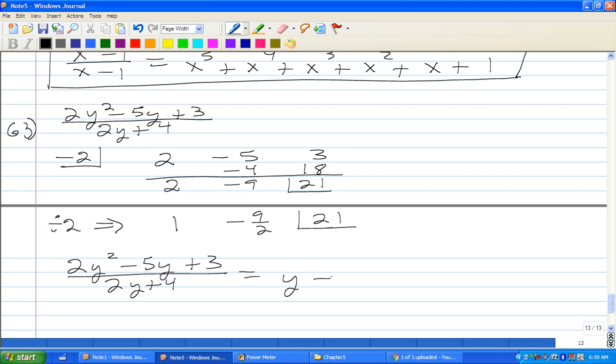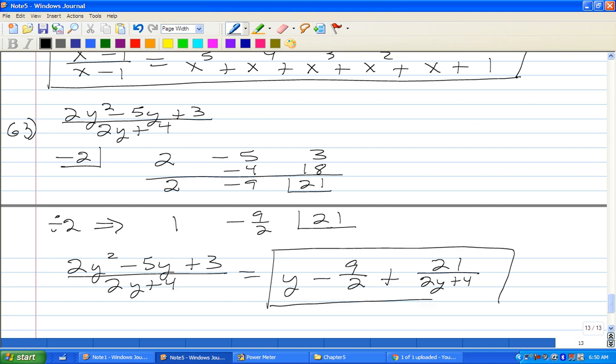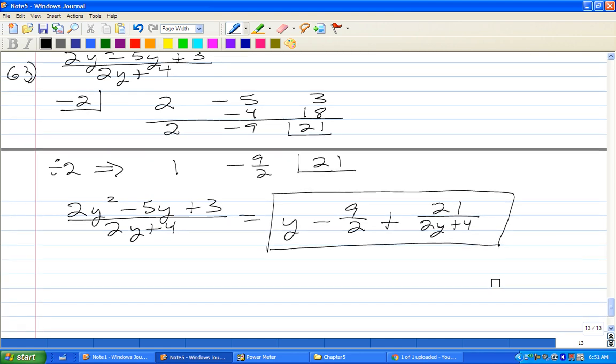So I have 1y minus 9 halves plus 21 over 2y plus 4. So the reason that I did not divide the last term by 2 is because if I did, then I would have to write my divisor as the simplified term where I divided by 2. And so to keep the same divisor, I didn't divide the remainder by 2.